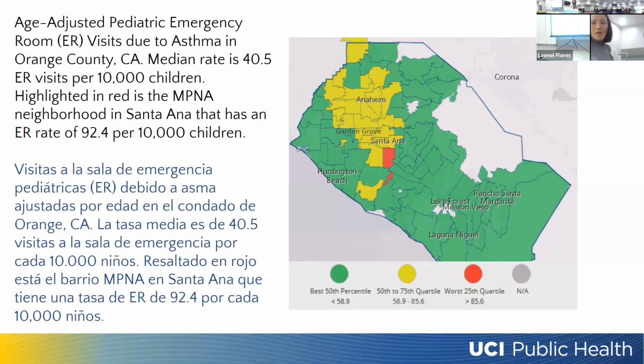Compared to the average, the average rate of pediatric emergency room visits is about 40 per 10,000 children, and in this red area, the rate is about 92. So it's more than twice the average. Okay, next slide.